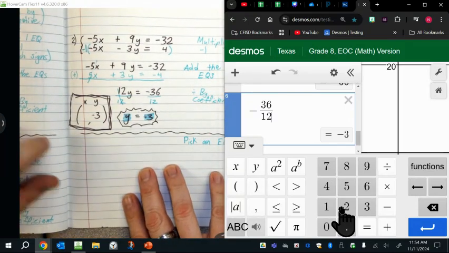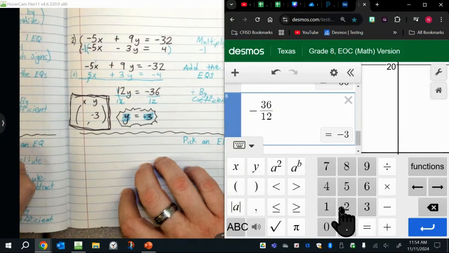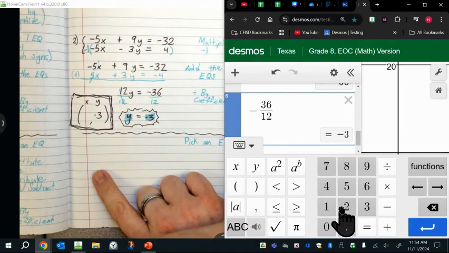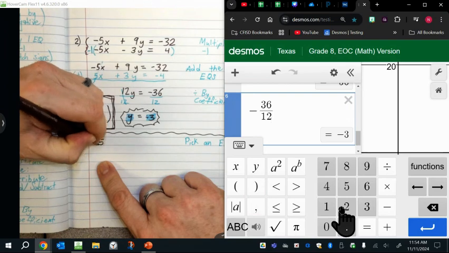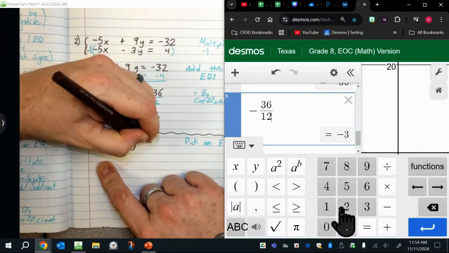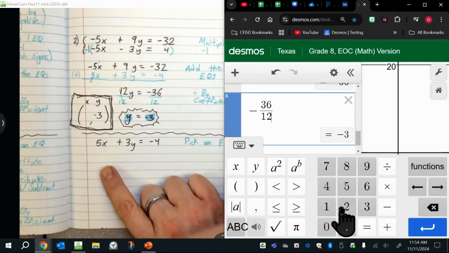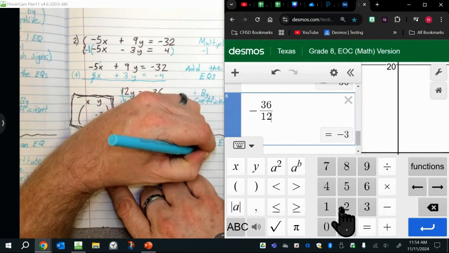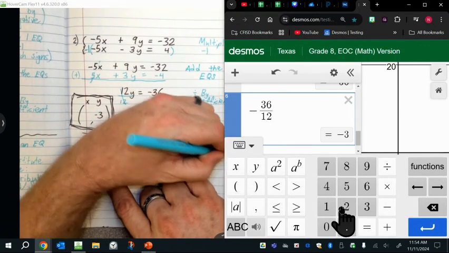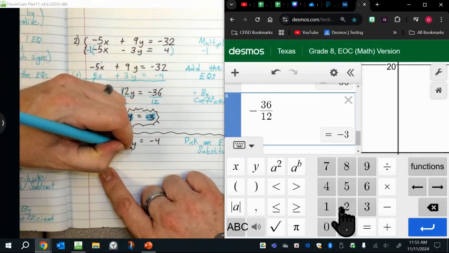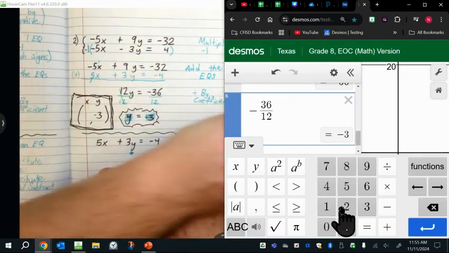Maybe we'll use the new one that has the least amount of negatives. So maybe we'll say 5x plus 3y equals -4. We're going to substitute. So we know y is -3.